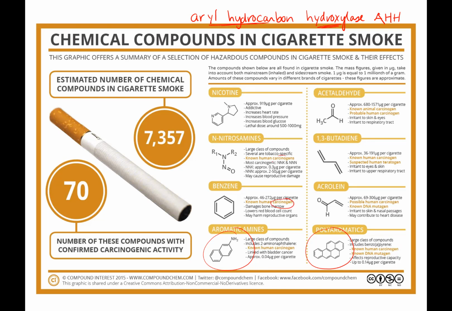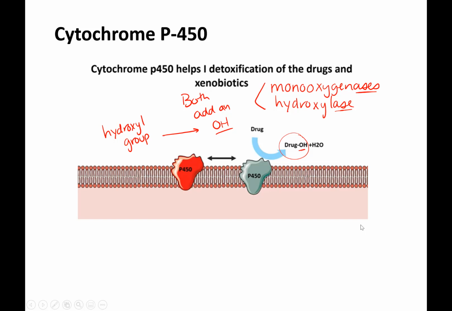So carcinogen means cancer causing. And though our body tries to add little hydroxyl groups and get rid of these, they still can be quite harmful. So the mechanism we're talking about for cytochrome P-450 enzymes is to add an OH group to a molecule to make it more water soluble so that these molecules can leave the body.